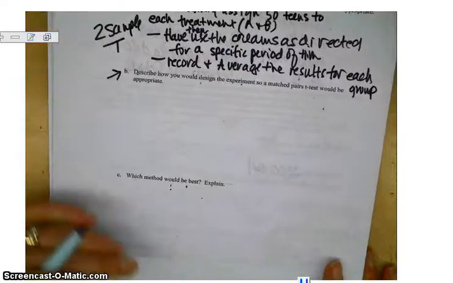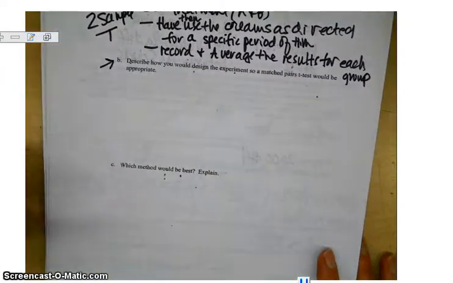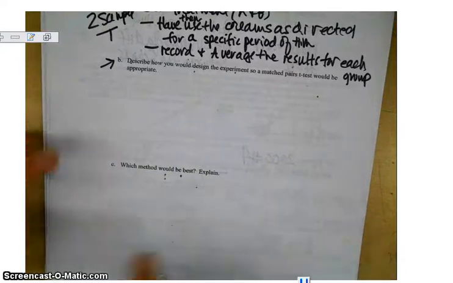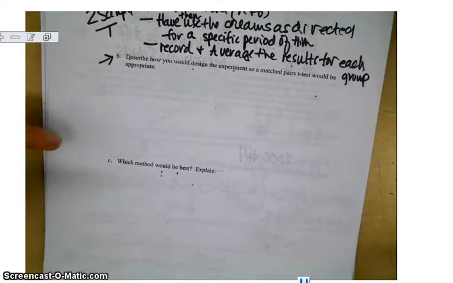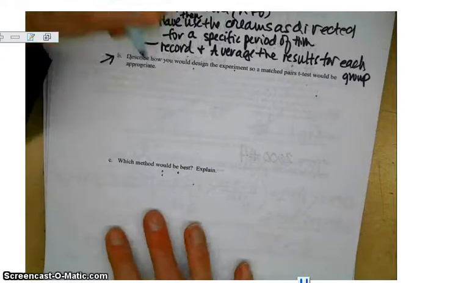Now, how would I design this so a matched pairs t-test would be appropriate? So randomly assign all 100 teens. You still randomly assign 50 to each one, but then what would you do?